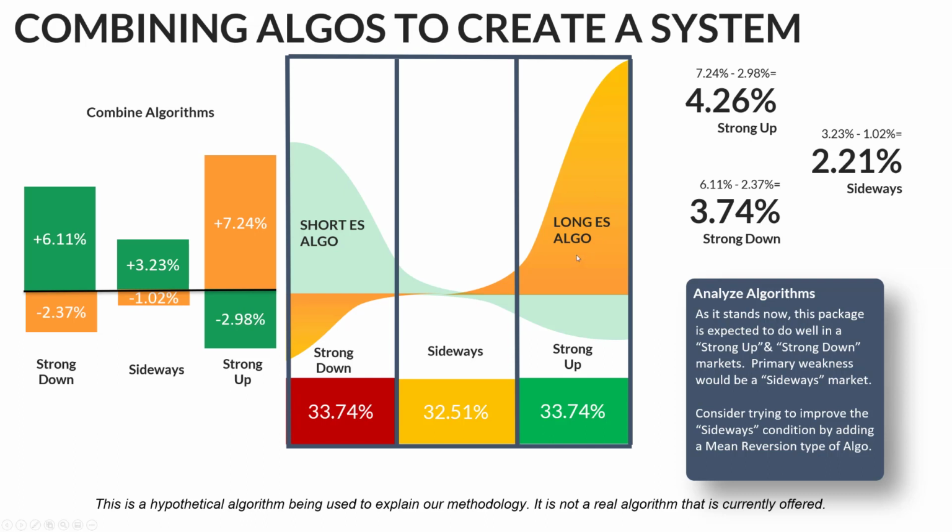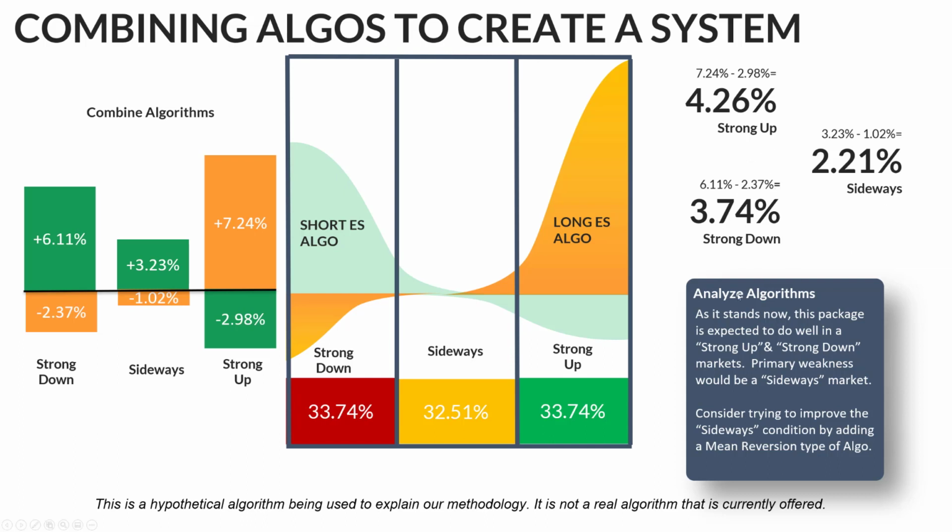There could be some weird month that's super volatile, and the market closes strong up, so it's up 30 points or more. Your long S&P algo, though, maybe it takes a loss of 10%. And that can happen because maybe sometime in the middle of that event, some really bad news came out and you got hit hard at the open. But these are just averages, and on average, that's what we would tend to expect.